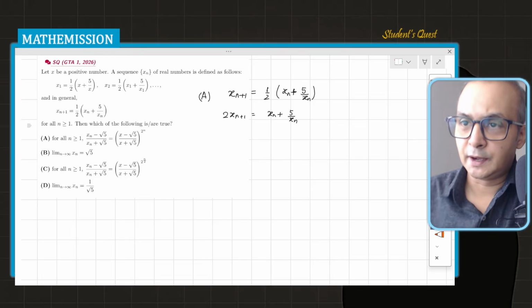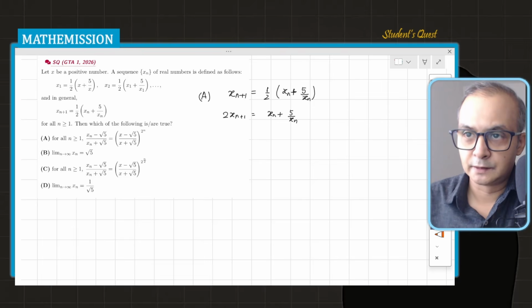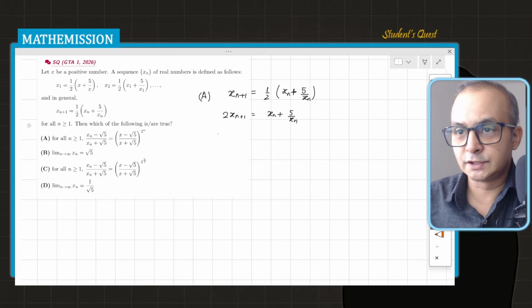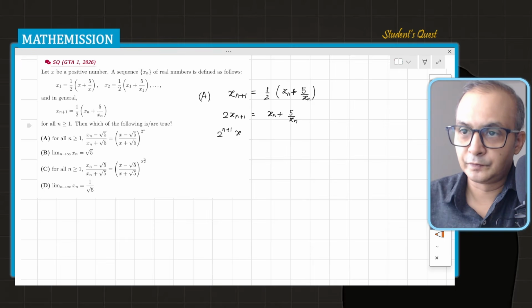Now I can multiply the entire equation by 2 to the power n. Why so? Because this will become 2 to the power n plus 1 xn plus 1. And this is 2 to the power n xn, and here 5 times 2 by xn to the power n I can write.